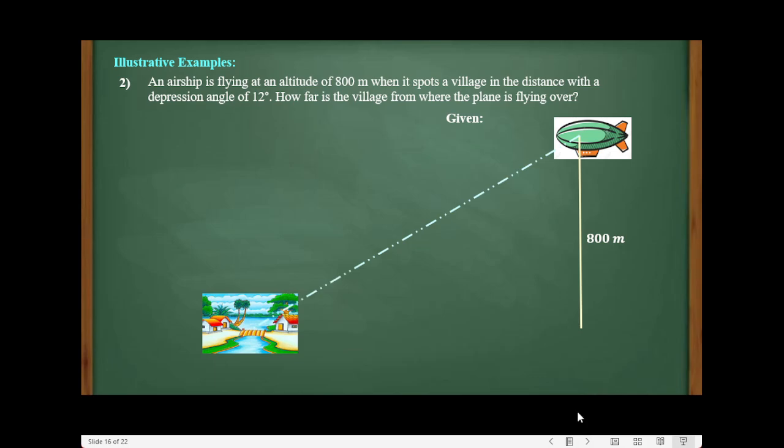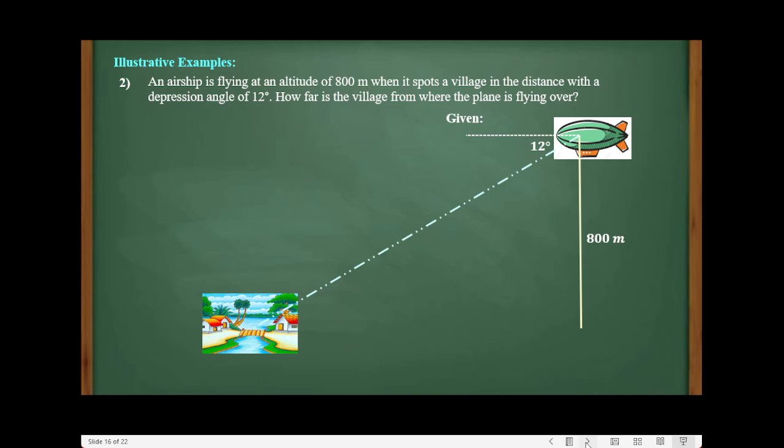Okay? So if this is the line of sight, we need to draw the horizontal to complete that depression angle. And with respect to this horizontal, this line of sight forms an angle of how many degrees? That is actually 12 degrees, like this.